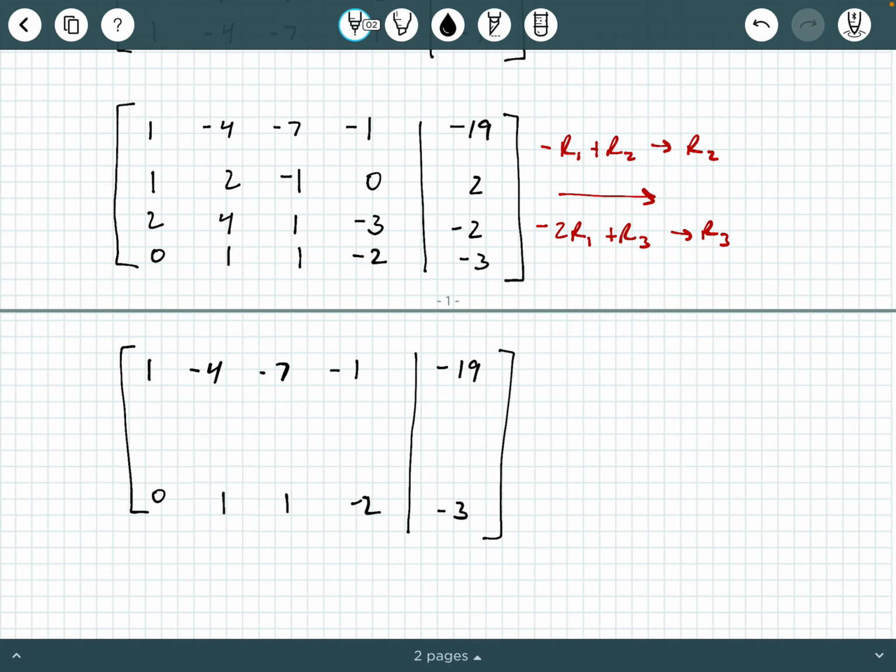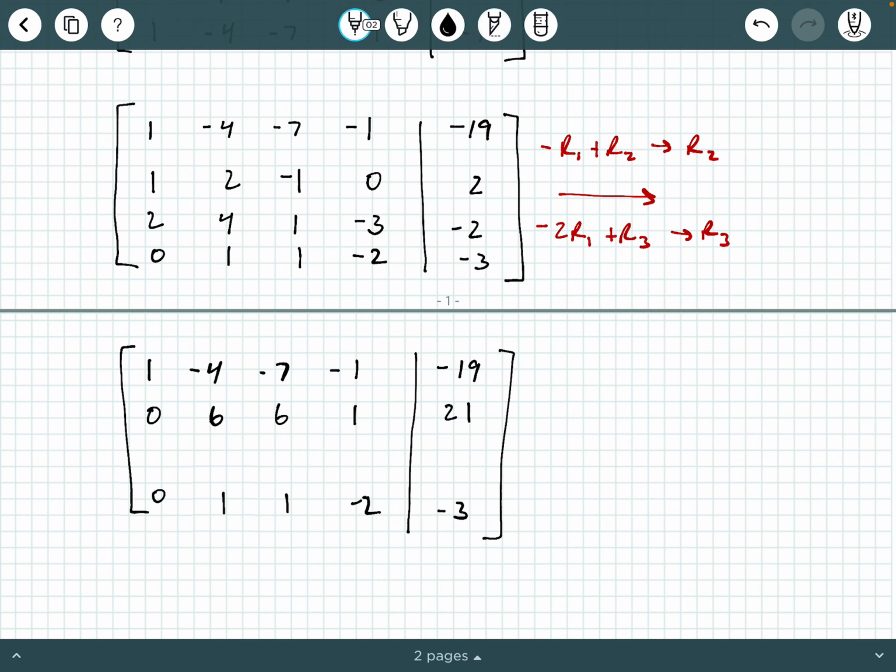So that knocks out a 0 there, and then we're going to say positive 4 plus 2 is a positive 6, and then positive 7 minus 1 is also a positive 6, and then positive 1 plus 0 is a positive 1, and then positive 19 plus 2 is positive 21.